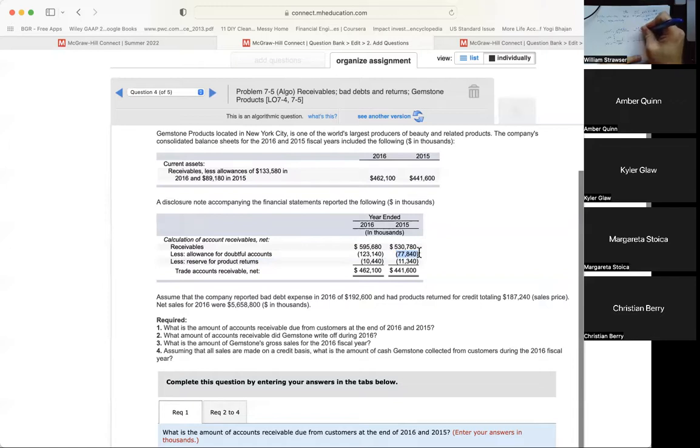And you know it has to be a credit balance. There's a couple of things that tip you off to that. Well, first, here's an asset. And if we're reducing it by an amount from an account, then that must be a contra asset, because we're reducing it by this amount to get what I'm presenting on the financial statement. So it started at 77,840. It ended at 123,140.